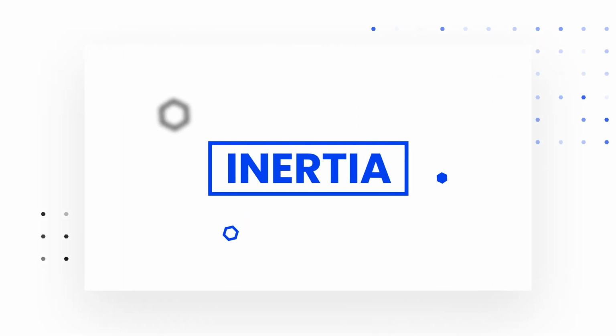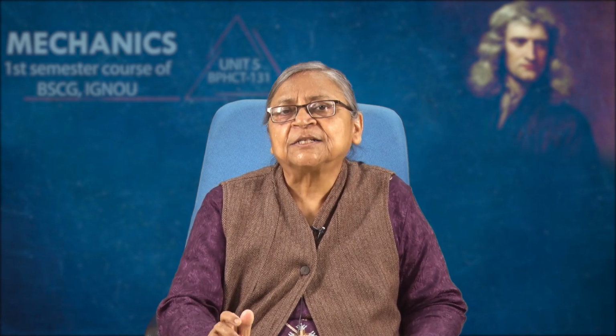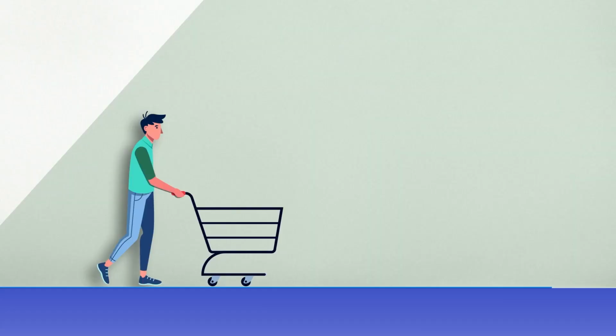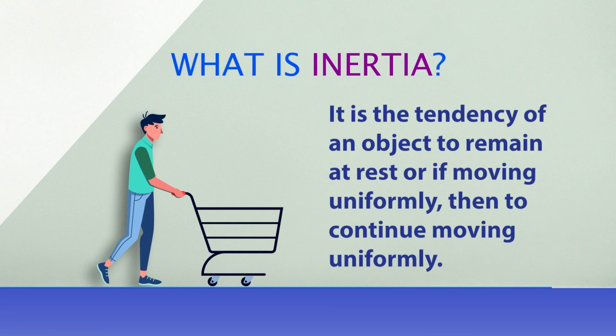What is the concept of inertia? Actually, you have been studying Newton's laws of motion right from school physics, and you should be familiar with these concepts. That is why I am going to focus on the main subtle points that you must remember when you explain these concepts. Inertia.